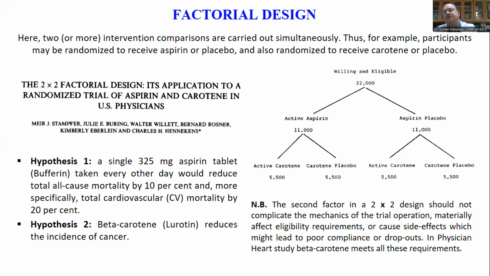Again, in the aspirin placebo group, we give active carotene and carotene placebo. The second factor in a 2x2 design should not complicate the mechanics of the trial operation. That is very important. It should also not add eligibility requirements or side effects which might lead to poor compliance or dropouts. In the Physicians' Health Study, beta carotene met all these requirements.